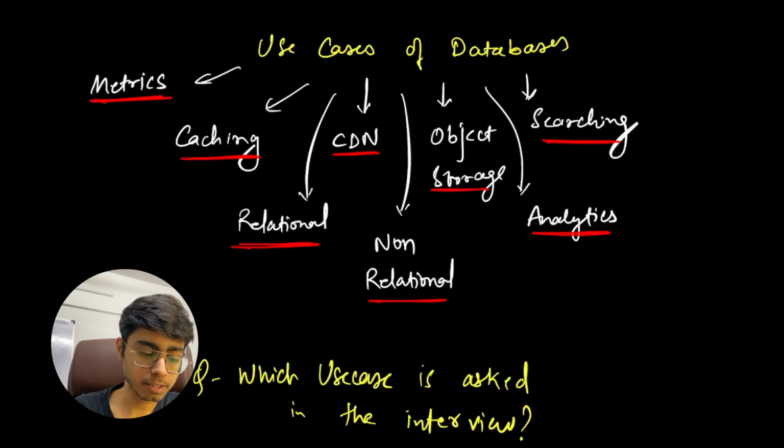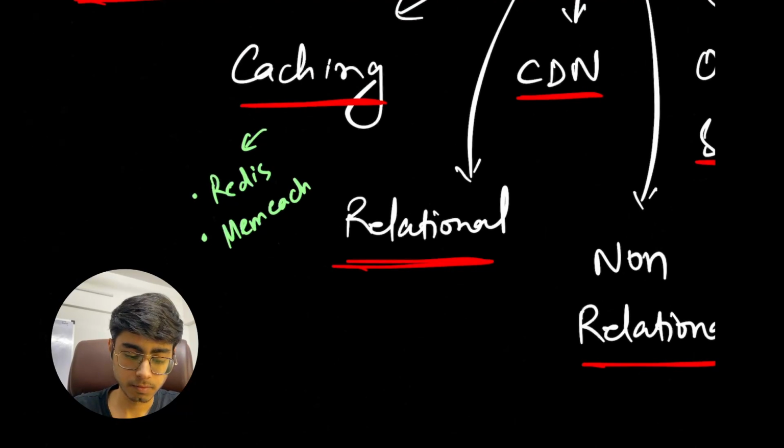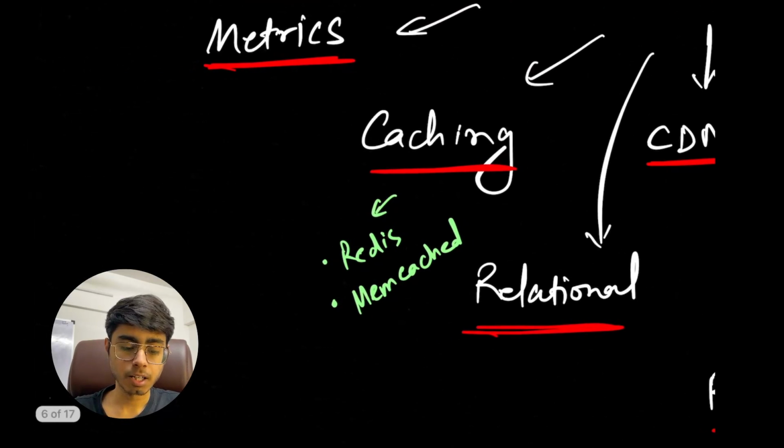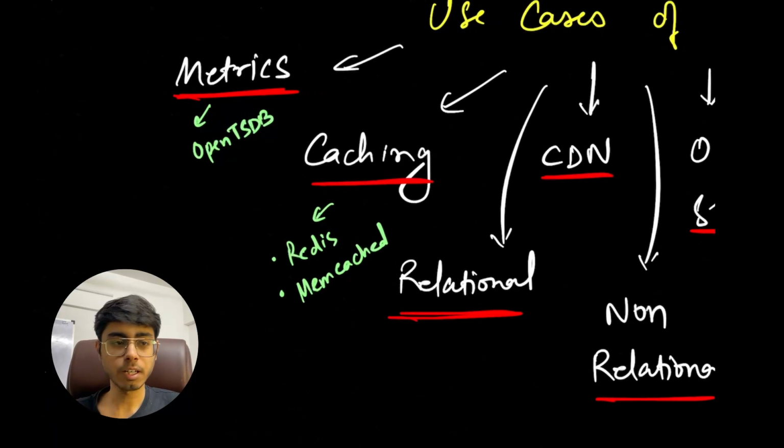I'll write some examples here. For caching, you can use Redis or Memcached. These are two famous cache databases. For metrics, you can use OpenTSDB, Open Time Series Database.